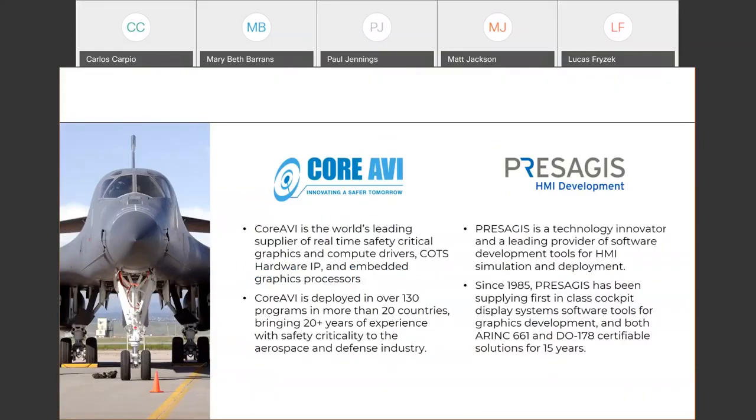Presagis is a technology innovator company and a leading provider of software development tools for HMI simulation and deployment. Since 1985, Presagis has been supplying first-in-class cockpit display system software for both graphics development for ARINC 661 and certifying them under DO-178. We've been doing that for about 15 years. We do welcome everybody.